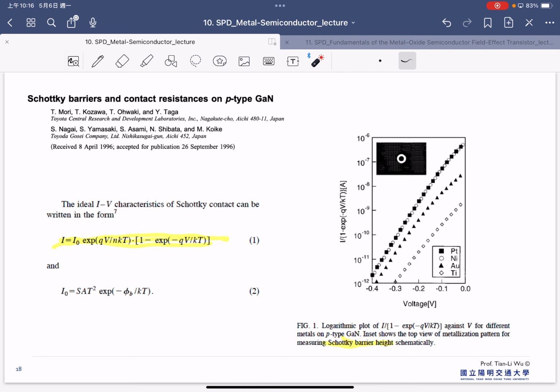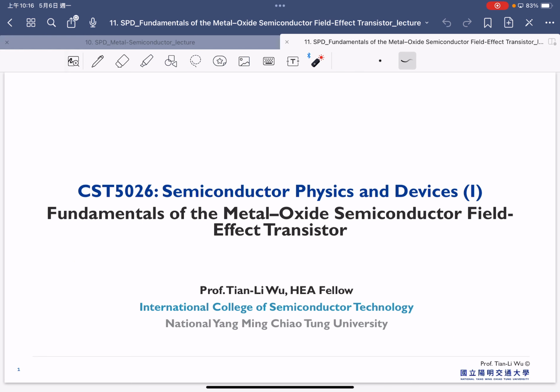Okay, so this is the last slide. We'll start to move to the MOS transistor. Although we have already schematically drawn and talked about the fundamentals of the MOS, and I believe you are already familiar with what the MOSFET looks like, there are still some details we need to put some effort into in this chapter.